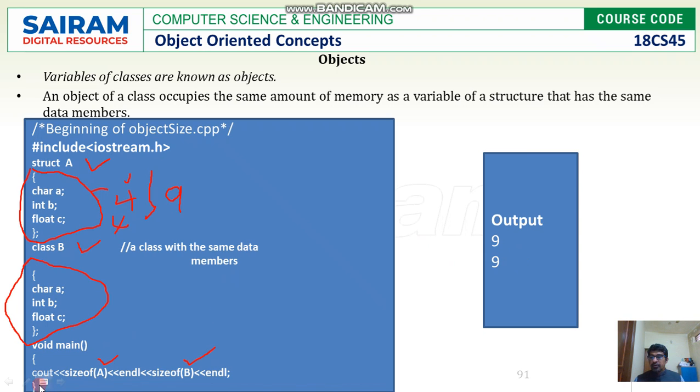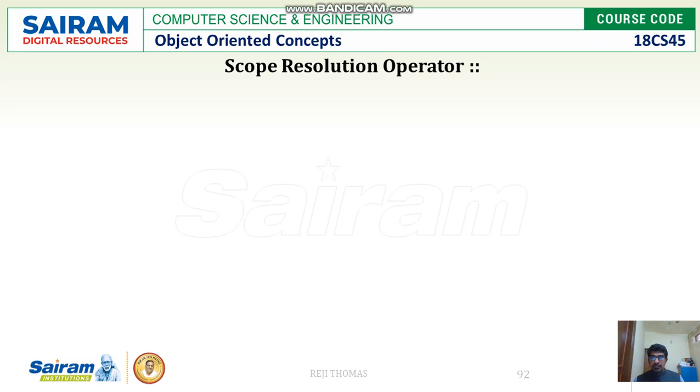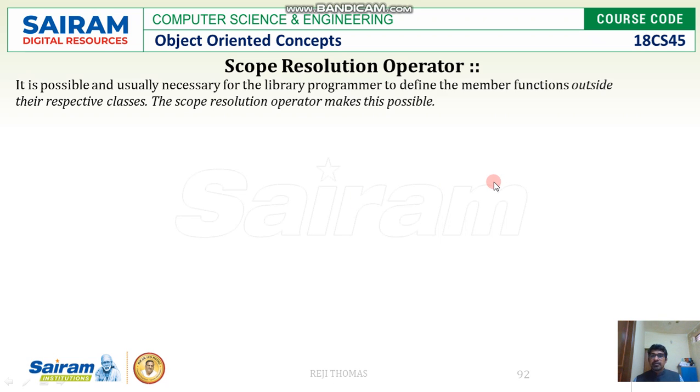This is going to give the same output in both cases. So this is my structure size, and this is my class size. So this is what we say: a class object occupies the same amount of memory as a variable of a structure. There is no difference.